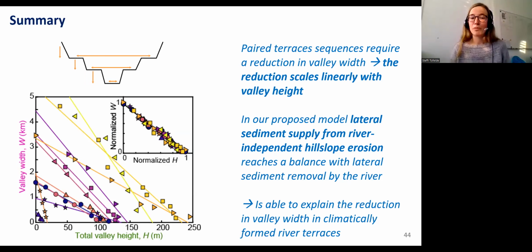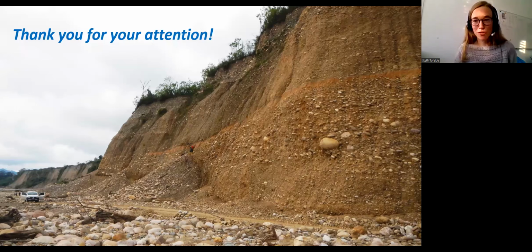This model proposes that lateral sediment supply, particularly from river-independent hillslope erosion processes, reaches some kind of balance with the lateral sediment removal by the river. And the nice thing is that this model is able to explain how valley width gets reduced in climatically formed terraces. And with that, I would like to thank you for your attention.